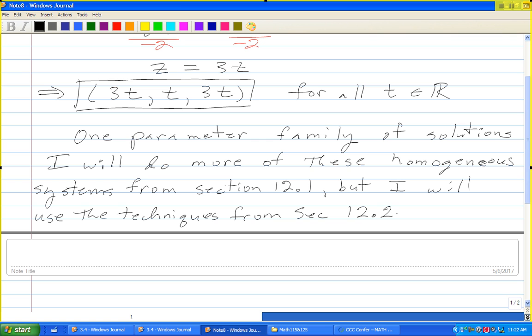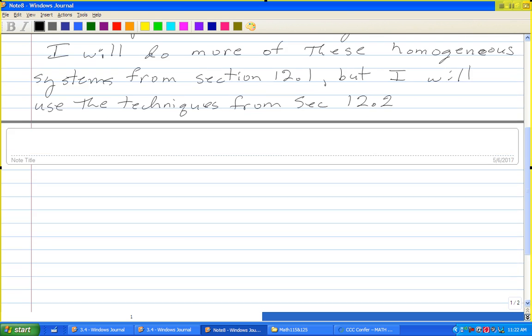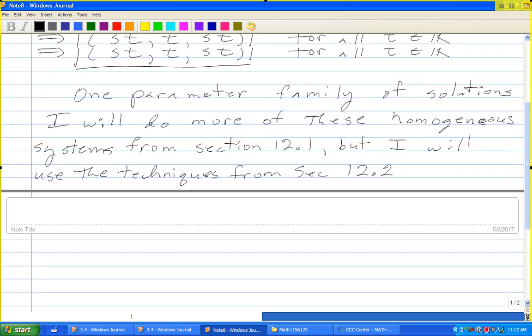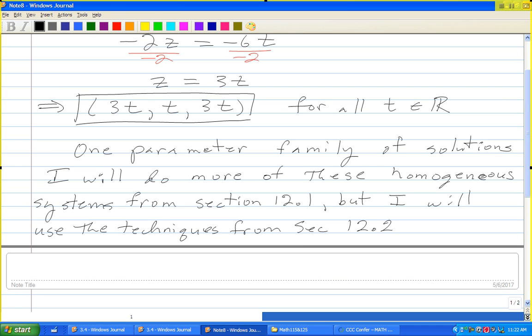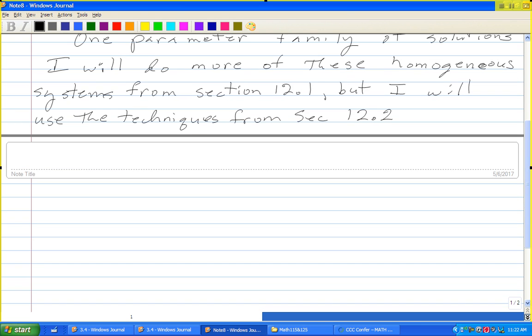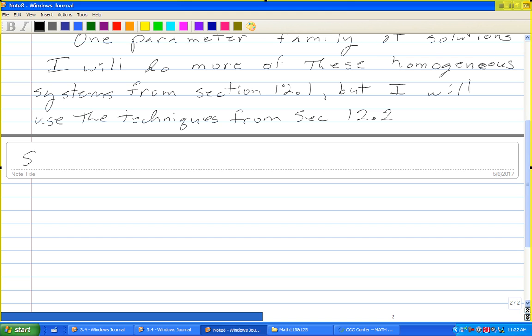Okay, so let's do section 12.2 so that I can show you these techniques, because they'll actually simplify some of these sort of methods. And so, section 12.2, the Gauss-Jordan method.